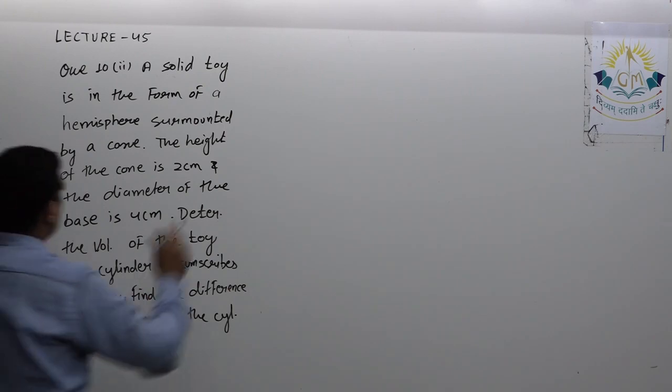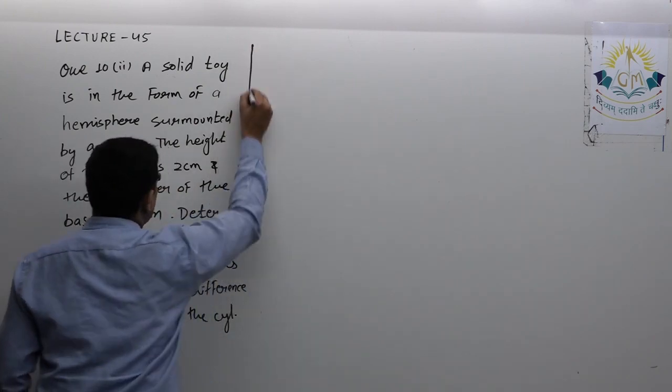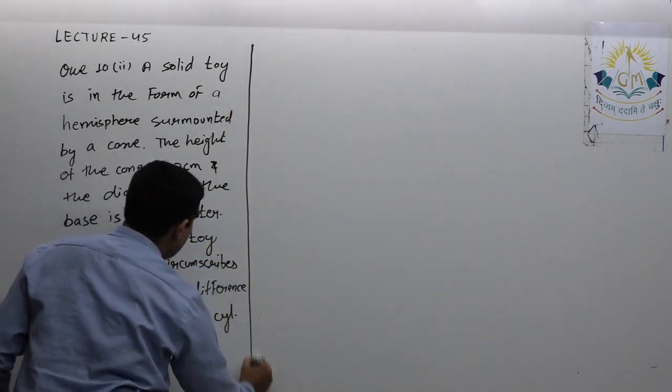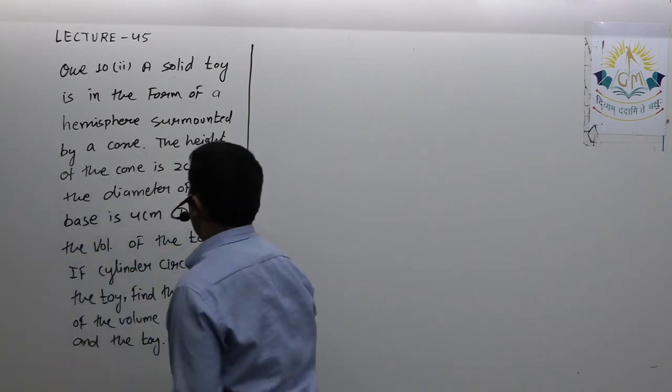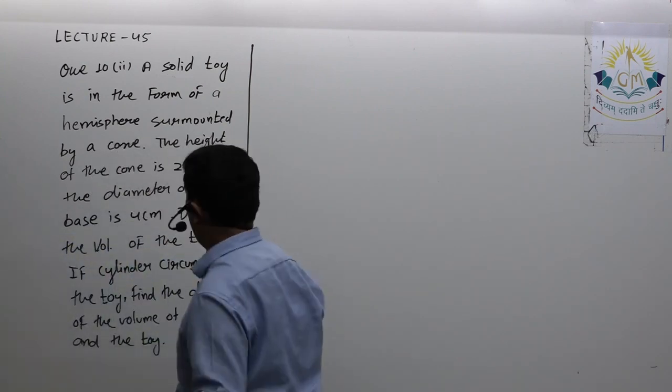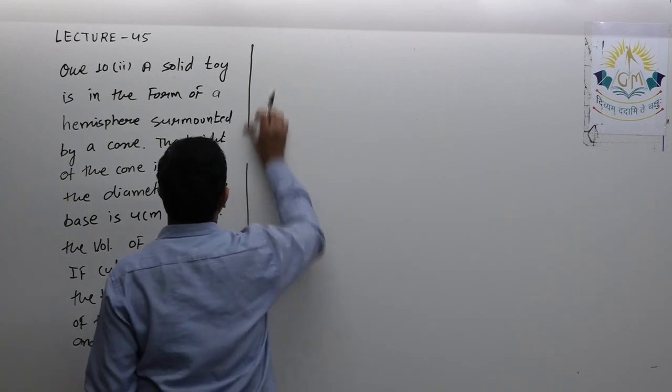Okay, so this is the question. A solid toy is in the form of a hemisphere surmounted by a cone. That means something like this.